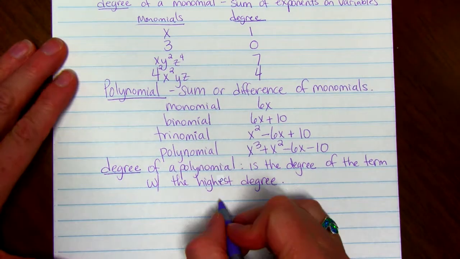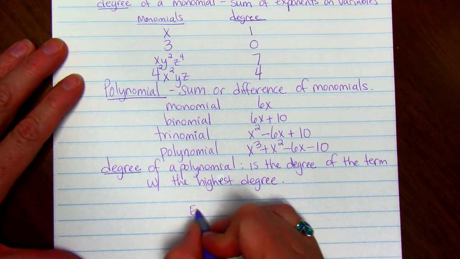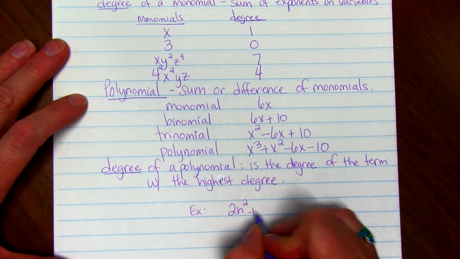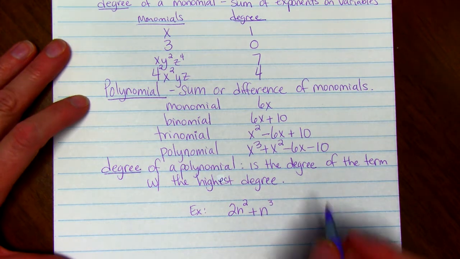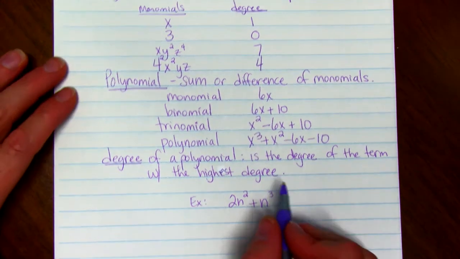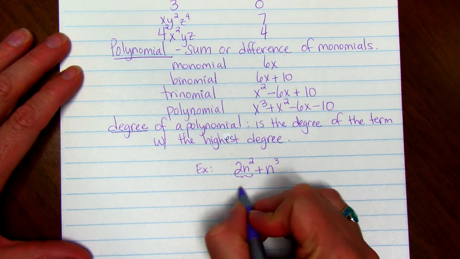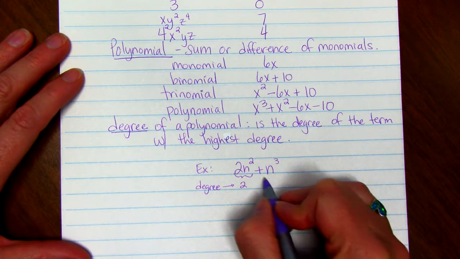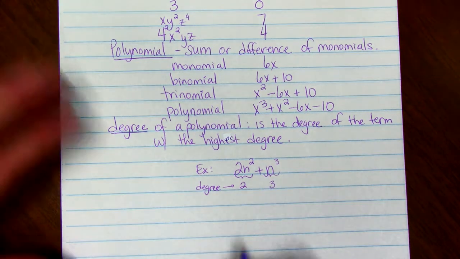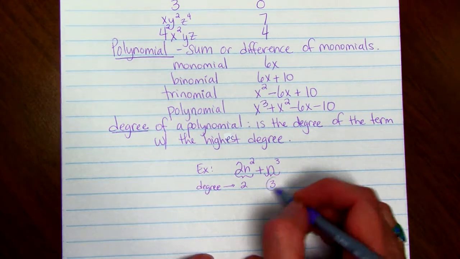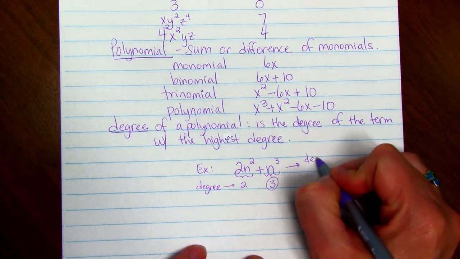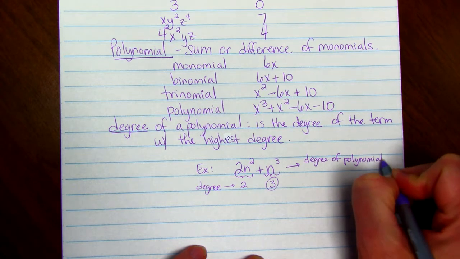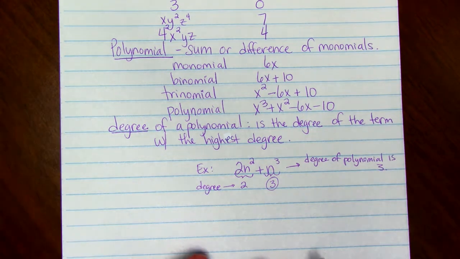Let me give an example: 2n squared plus n cubed. We want to find the degree of each term. The degree of this term is 2, and the degree of this term is 3. The highest degree is 3, so the degree of the polynomial is 3. It's just the one with the highest degree.